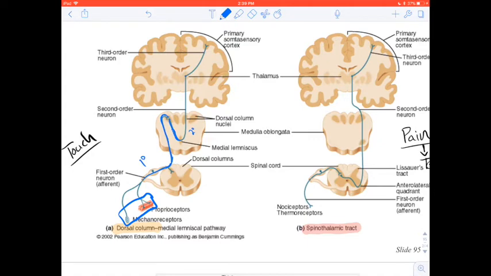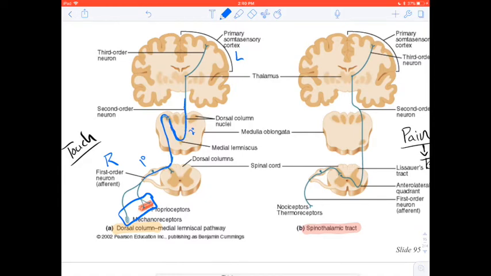The second order is also going to cross over here in the medulla. We've talked about before how the left side of the brain controls the right side of the body, so it has to cross over somewhere. Or, we feel the right side of the body on the left side of the brain. And the second order neuron of the dorsal column pathway crosses over there.